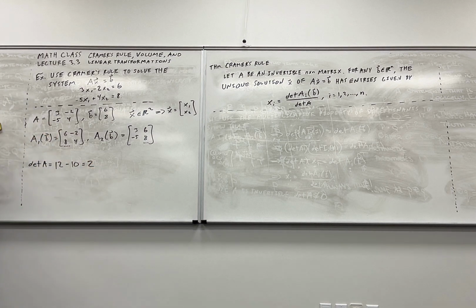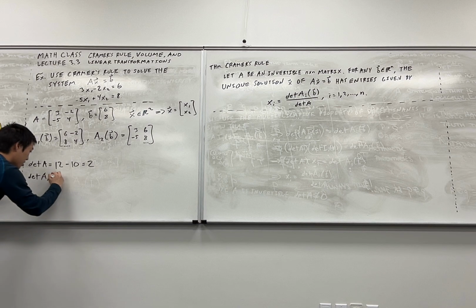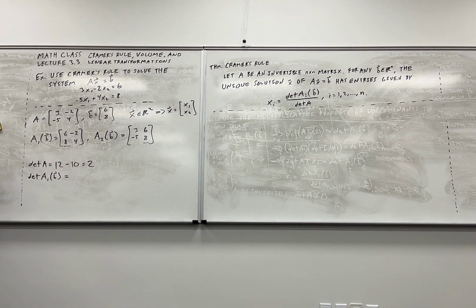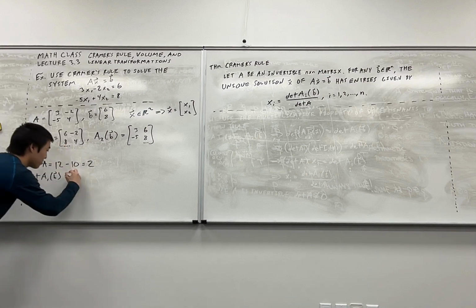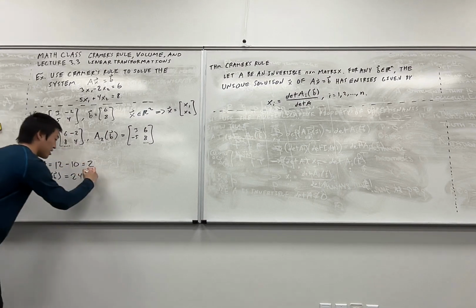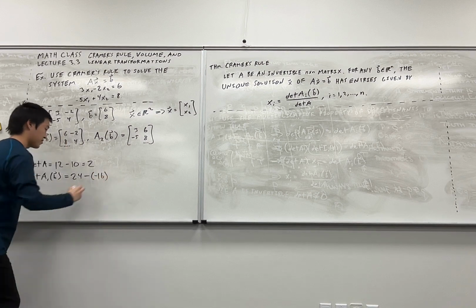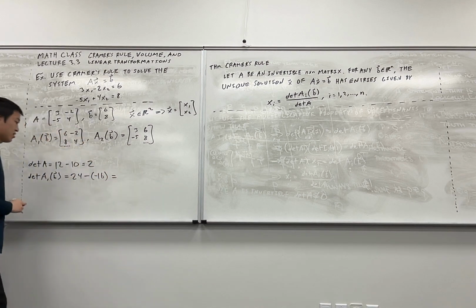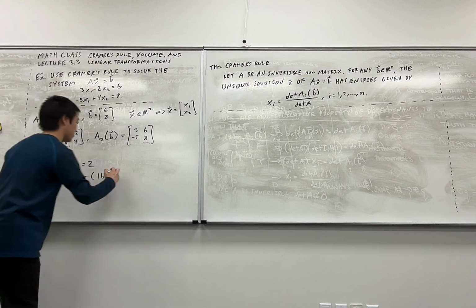So that one's 2. And then my determinant of A sub 1 of b, here's my A sub 1 of b. 6 times 4, 24. I subtract away negative 16. So then I'm really adding. So 24 plus 16, 40.